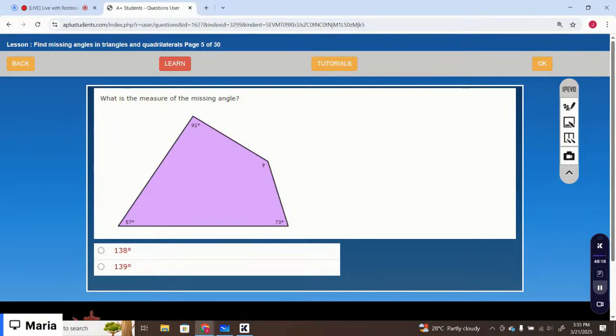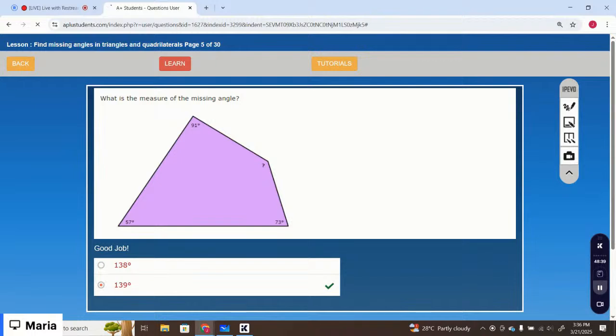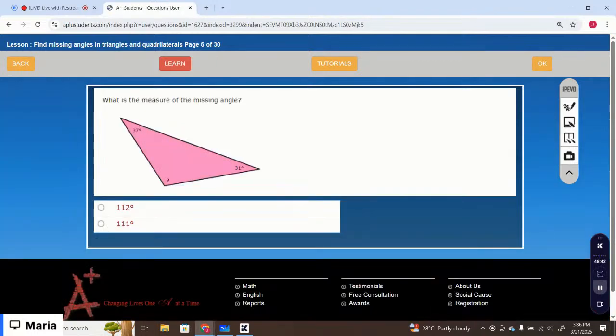Just add the given angles, 57 plus 73 plus 91, and you have to subtract it from 360. So 221 subtracted from 360 equals 139 degrees. Option number two is the correct option.